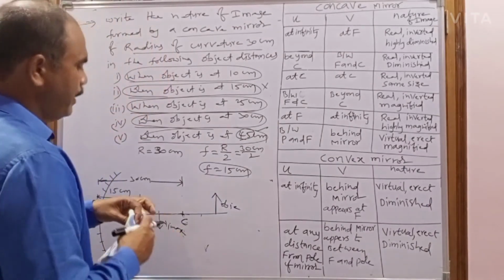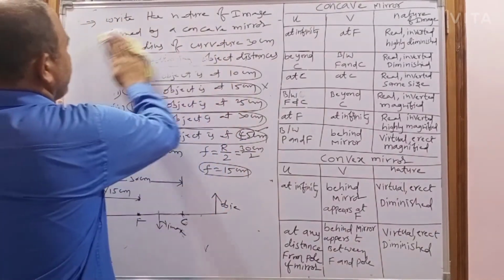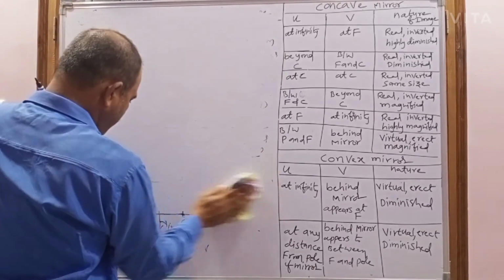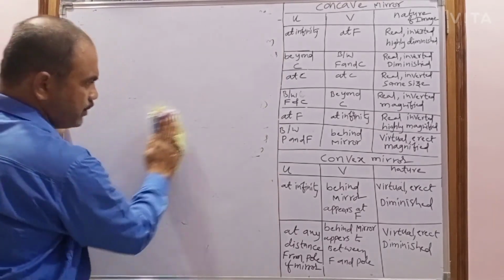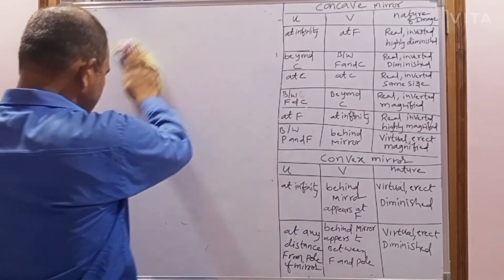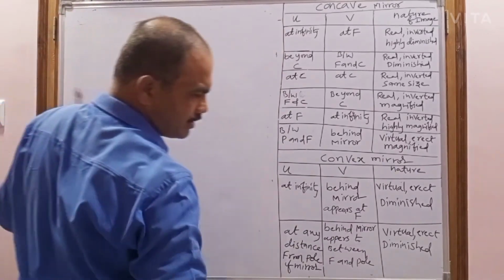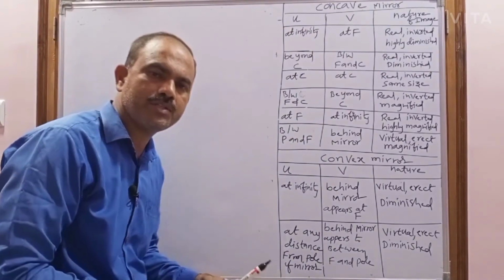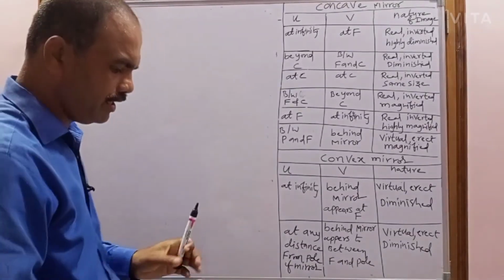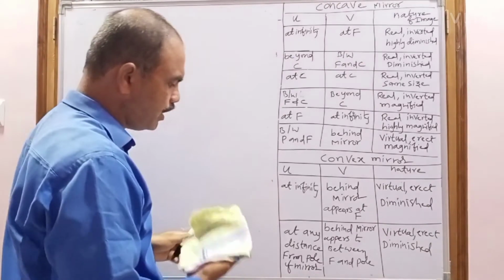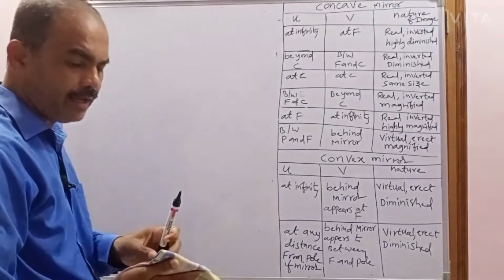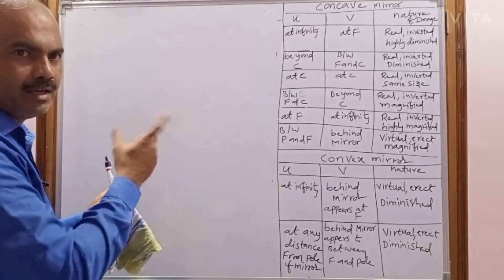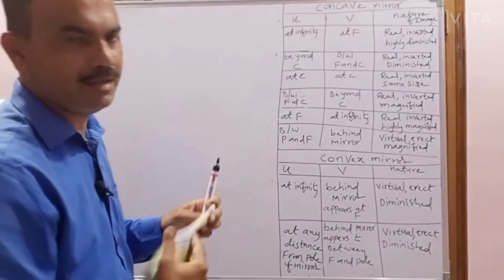And next, come to the mirror formula. What is the importance of the mirror formula? By using the mirror formula, you can find the object distance, image distance, as well as the magnification, height of the object and height of the image, without using a ray diagram, without using pencil, scale, divider or compass.